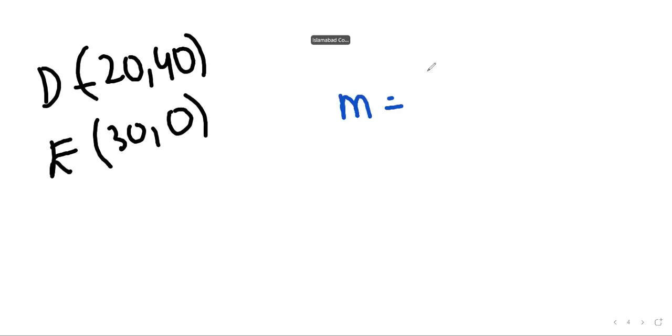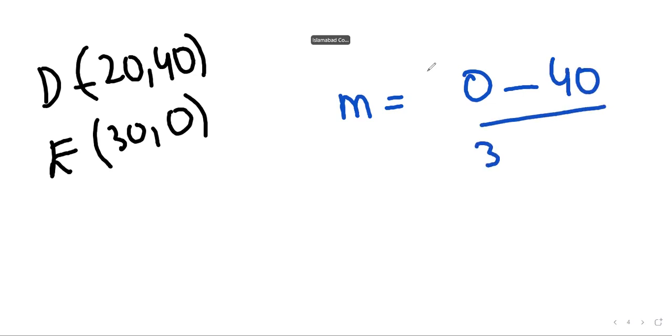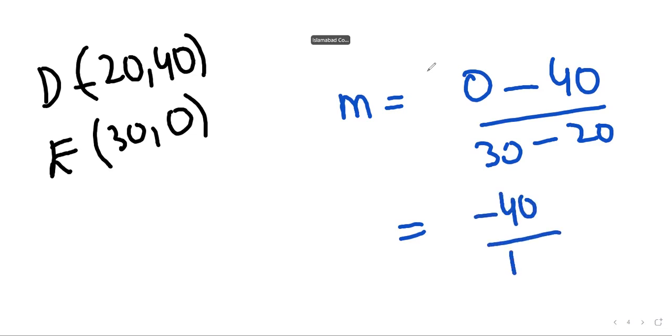Gradient is y2 minus y1 divided by x2 minus x1. So 0 minus 40 is minus 40 and 30 minus 20 is 10. So we are left with minus 4, and here is a minus. Minus means there is a negative acceleration. Negative acceleration means the velocity of the object is decreasing.